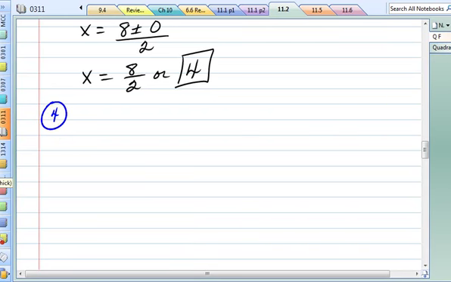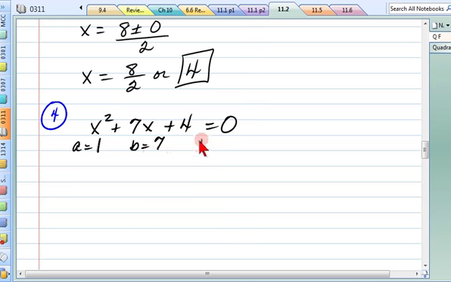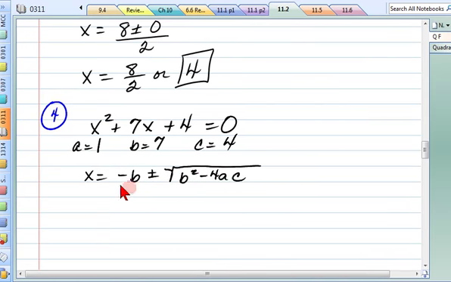All right, problem number 4, I'm asked to solve x squared plus 7x plus 4 equals 0. I'm in the right format. I notice that A is 1, B is 7, and C is 4. So x is equal to negative b plus or minus the square root of b squared minus 4ac all over 2a.